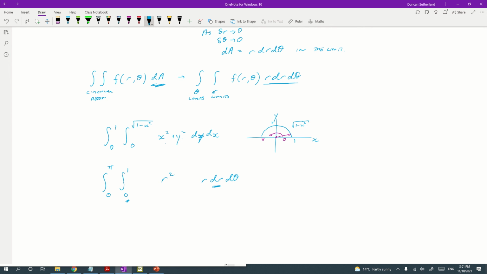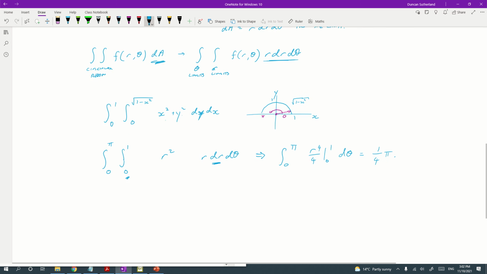So that's easy, right? So that's the integral 0 to pi of r fourth on 4 between 0 and 1 d theta, right? Because we've got an r cubed, add 1 to the power, divided by the new power. So that's 1/4 times pi when we do that theta integral.